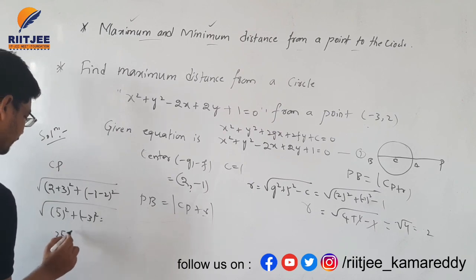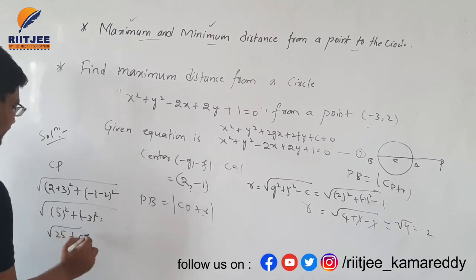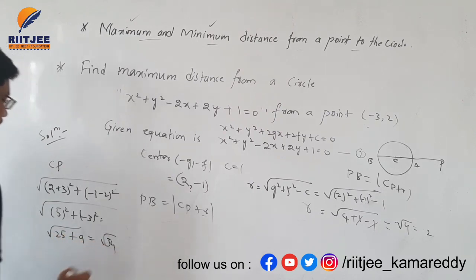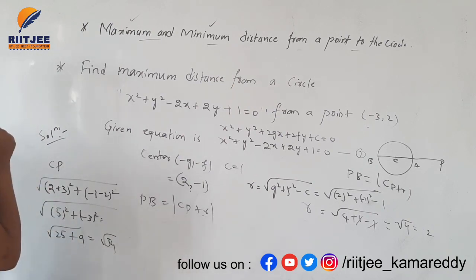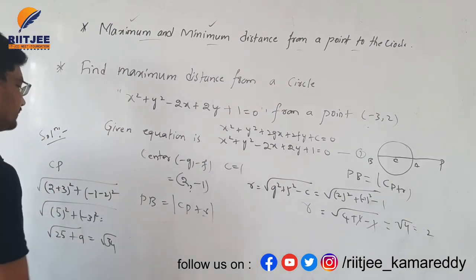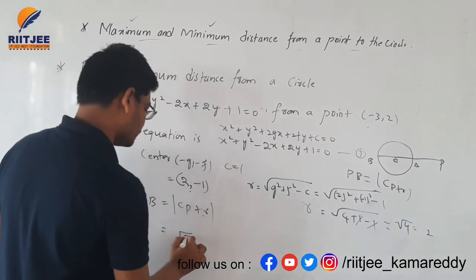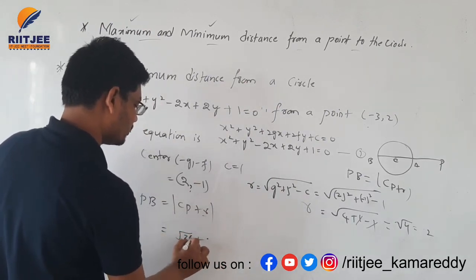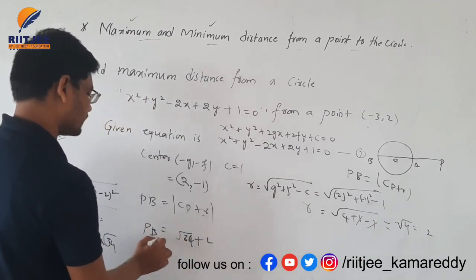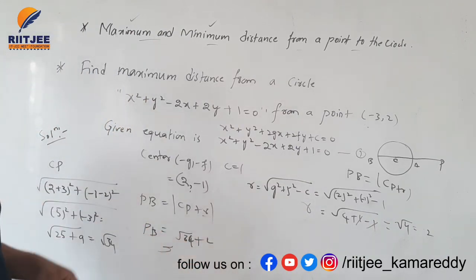Here 16 plus 9 is root of 25, this is the CP distance. Distance CP, plus radius. This is the maximum distance from a point to a circle.